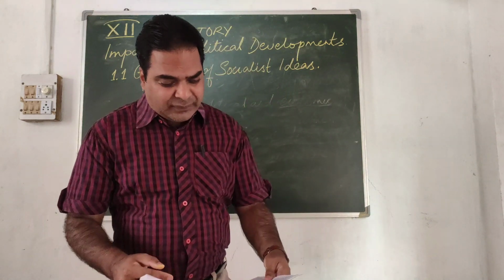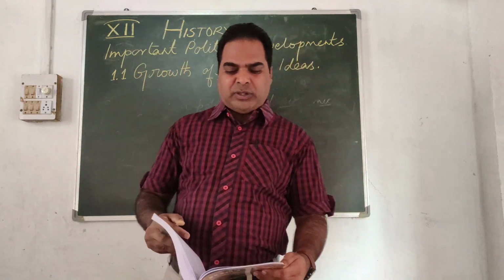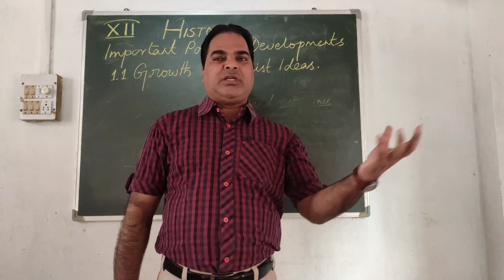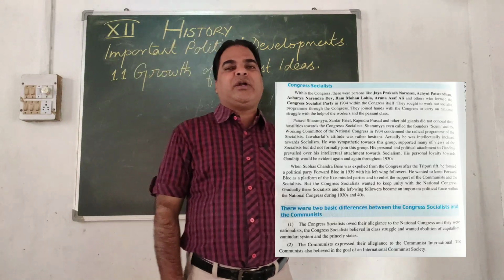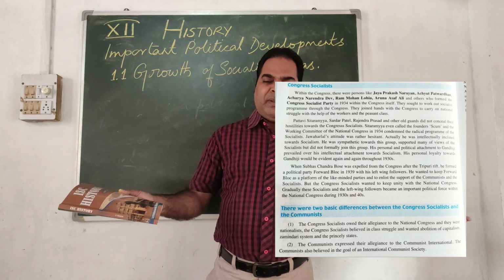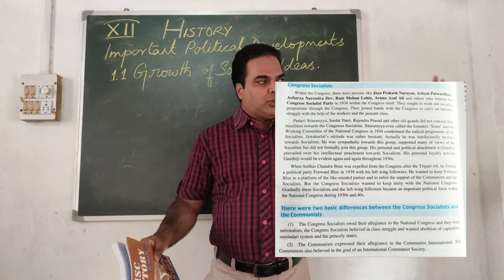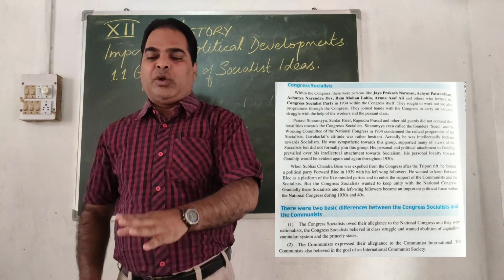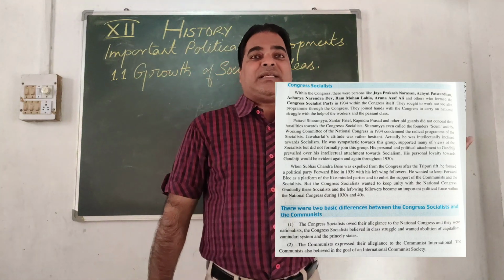Now, apart from all this, we need to understand the Congress Socialists. Everywhere we are talking about socialism, but what is the main motive of socialism? We understood it. But with socialism getting into the Congress, would the Congress socialists owe allegiance to the Communist International?